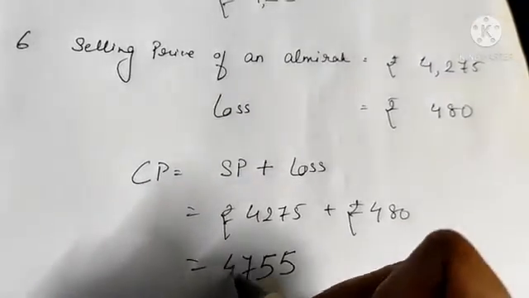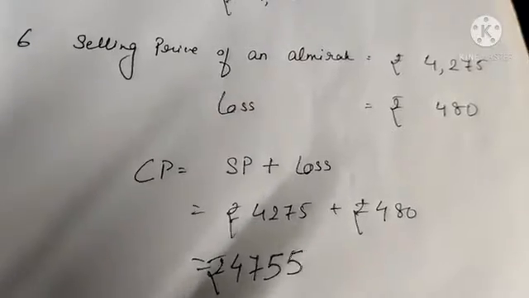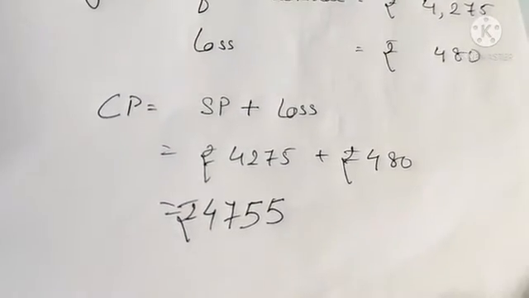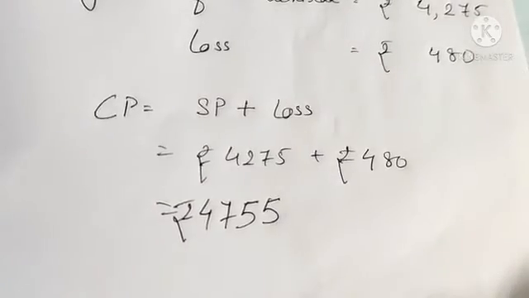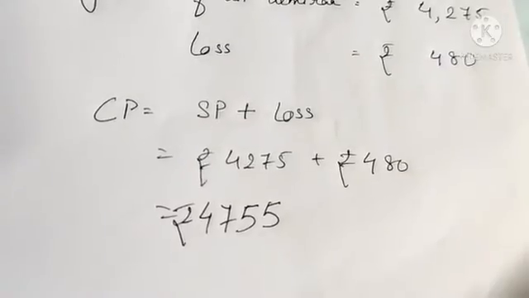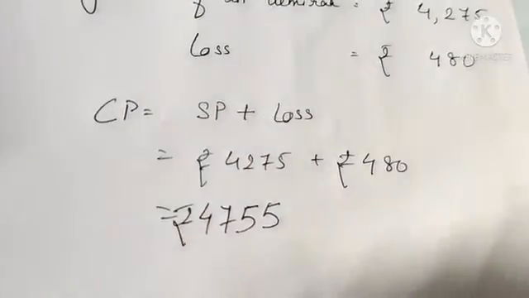Cost price of an almirah is rupees 4,755.